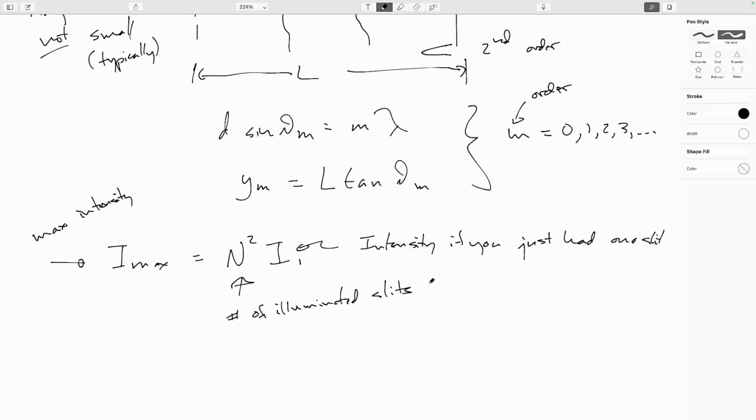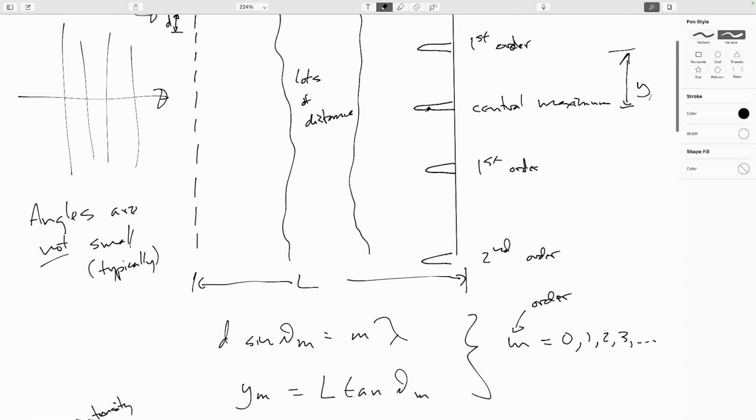So the amount of light that is striking the screen is proportional to N, just the number of slits. If I have N slits, I let in N times more light than if I had just one slit. But it turns out that the intensity of each of these peaks goes as the square of the number of slits. Well, you can't get something for nothing.